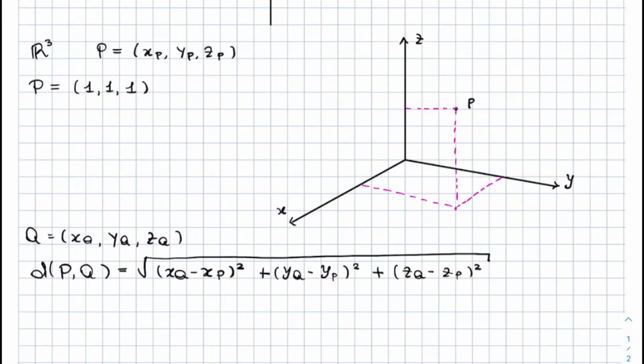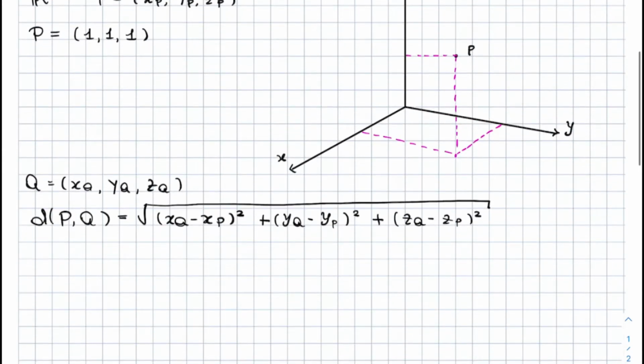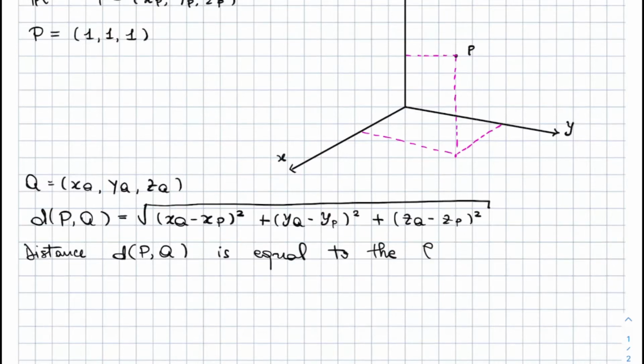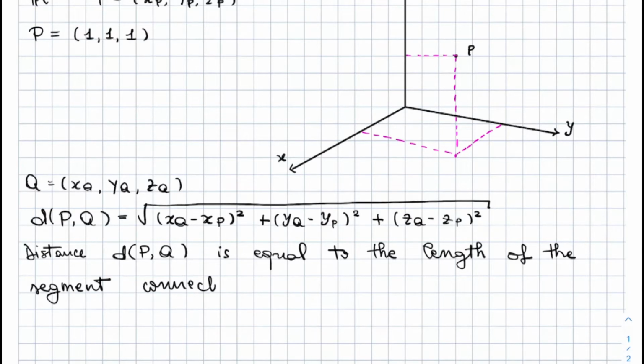This is a distance on R3, on the space, and we can easily see that once more, almost by definition, the distance between P and Q, which I denote d(P,Q), is equal to the length of the segment connecting P and Q. This time, of course, in the space.